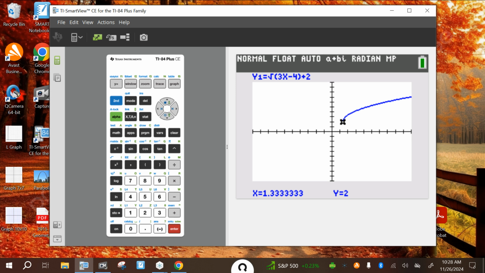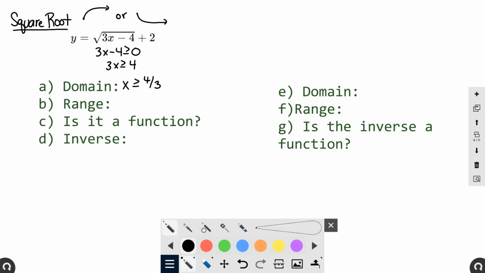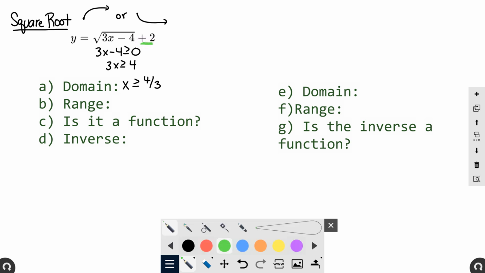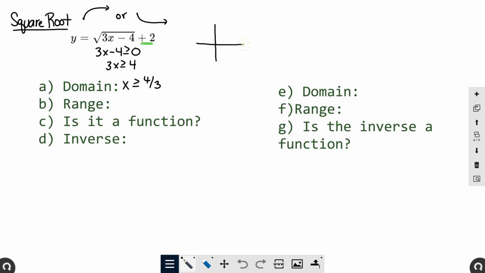And then what's our y value? 2. Where do you see 2 in our equation? Right here. So if we wanted to actually graph this one, it would start at (4/3, 2). So you get the 4/3 by what's underneath the square root, and the 2 is coming from what's added on. It's like our translation. Our graph goes right 4/3 and up 2. Remember doing translations a long time ago? That's how it works for this one.